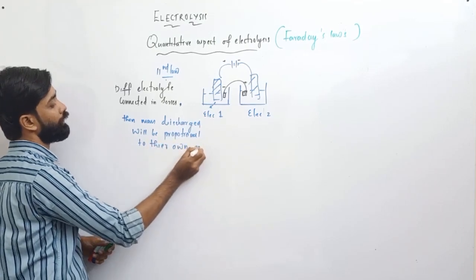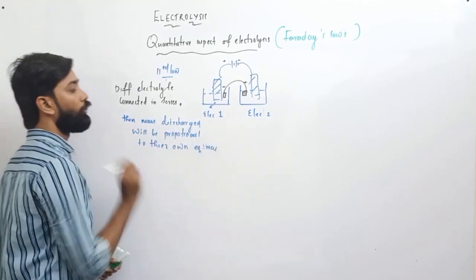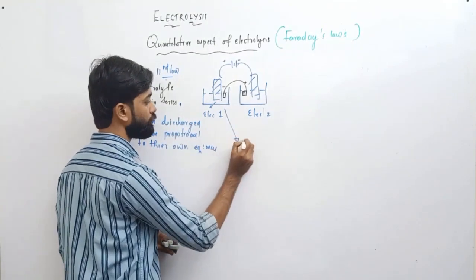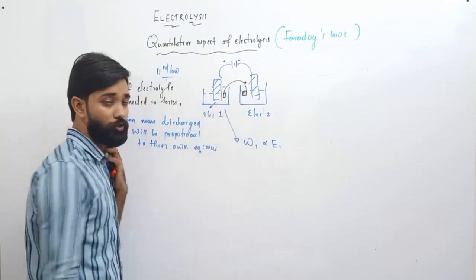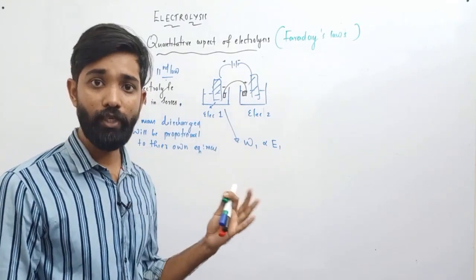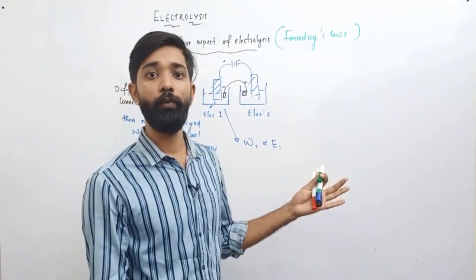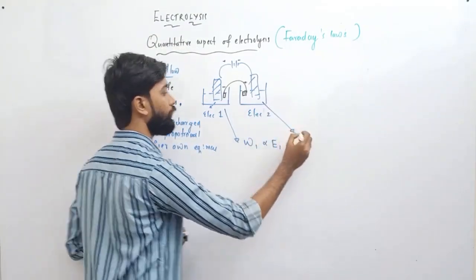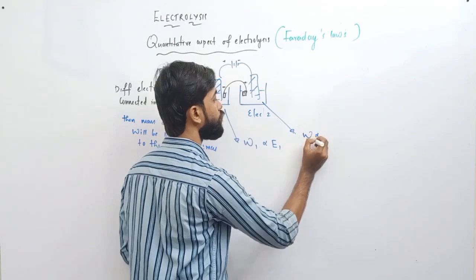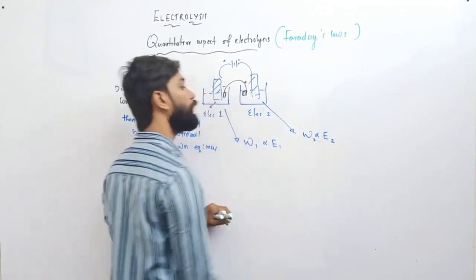For example, here the mass deposited is proportional to the equivalent mass of that substance. The mass deposited in electrolyte number 1 is W1, proportional to its equivalent mass E1. And here the mass deposited, let it be W2, is proportional to E2.